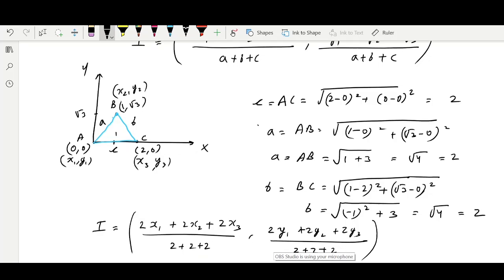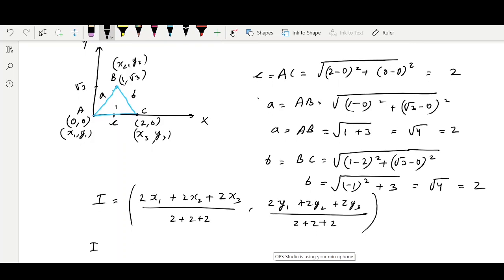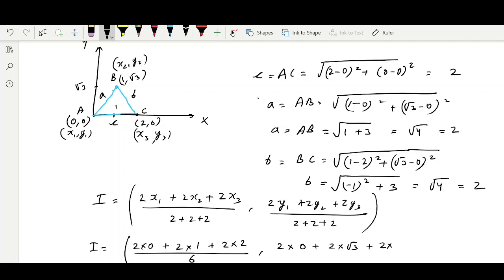Okay, so what is x1? x1 is 0, so 2 into 0, plus 2 into x2, which is 1, plus 2 into x3, which is 2, by 6. And 2 into y1 is 0, plus 2 into y2, which is root 3, plus 2 into y3, which is 0, by 6, right?